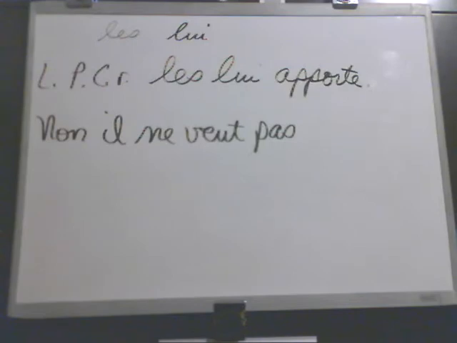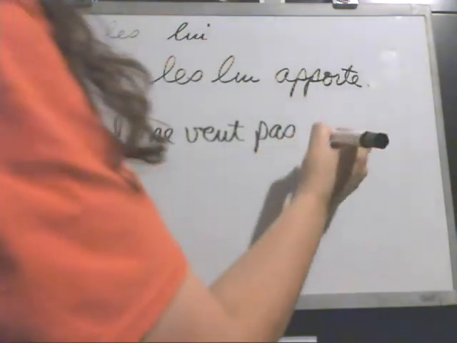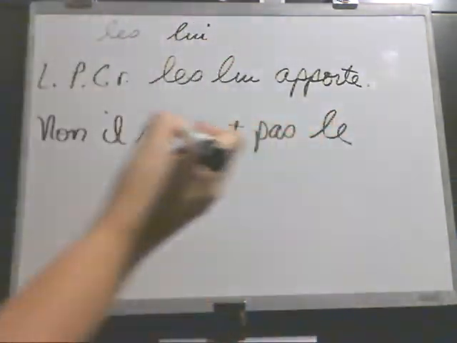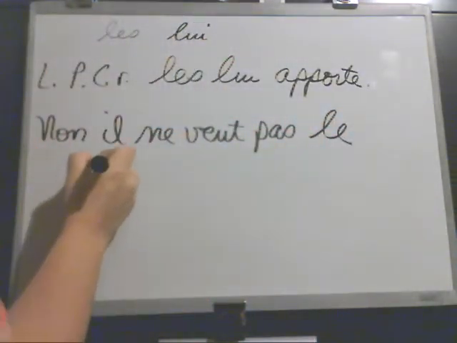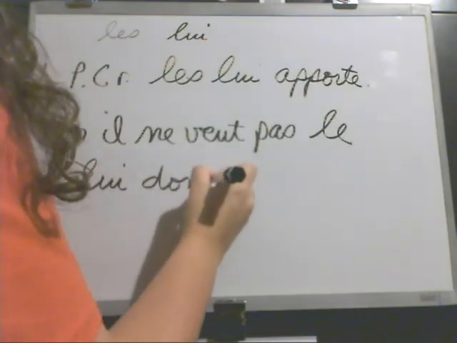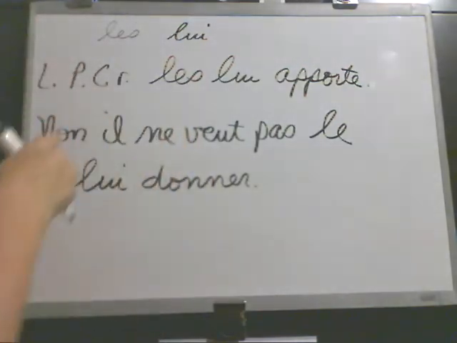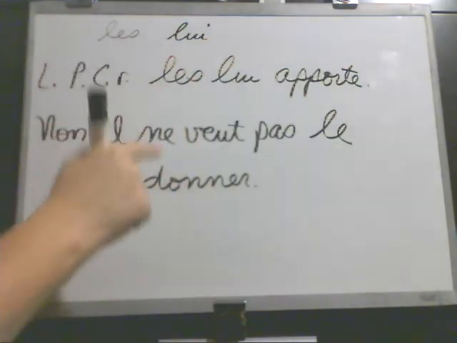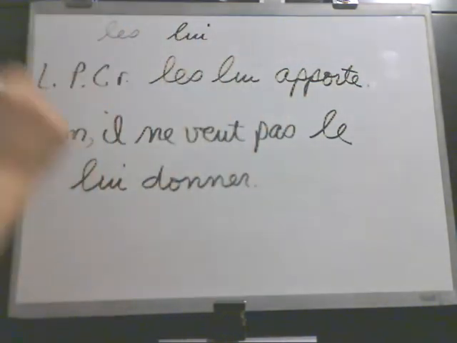So the le, la, lui, whatever we need has to go with donner. So we get il ne veut pas le for the cheese, and lui for the renard, and donner for our infinitive. No, he doesn't want to give it to him.